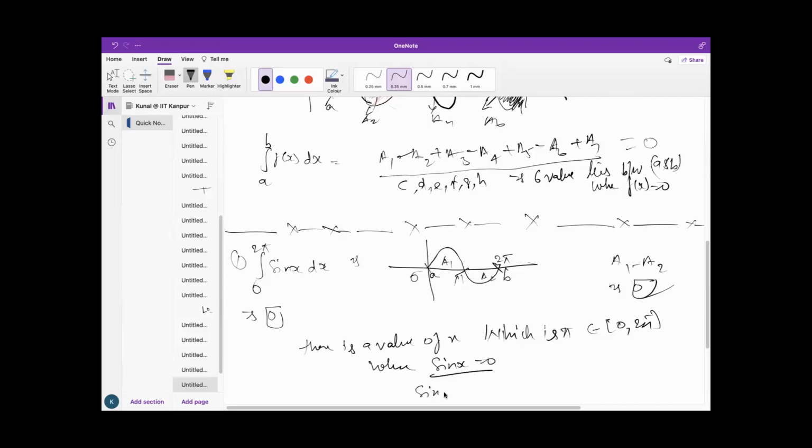If we put in pi, sin pi is 0, and pi lies between A and B, where A is 0 and B is 2 pi. So our conclusion is valid, right?